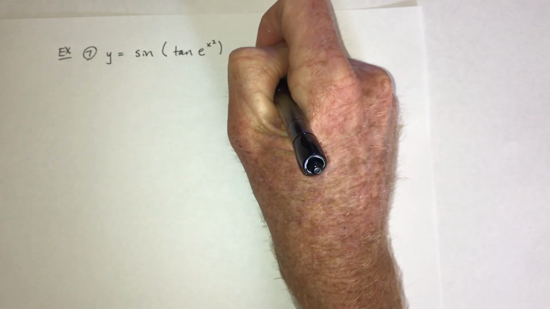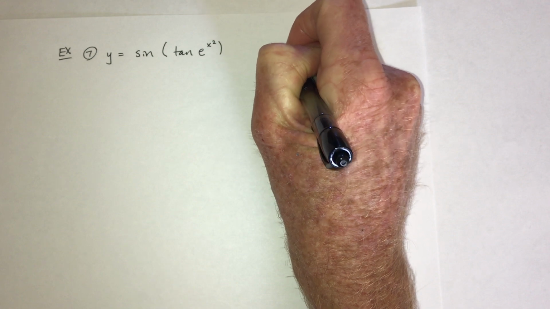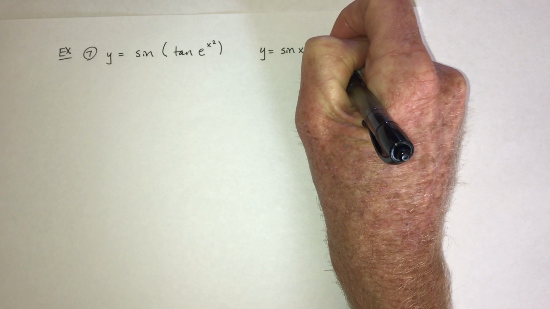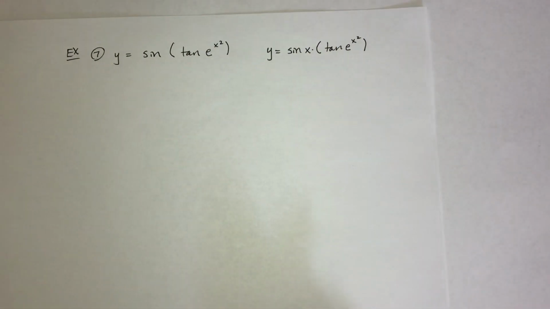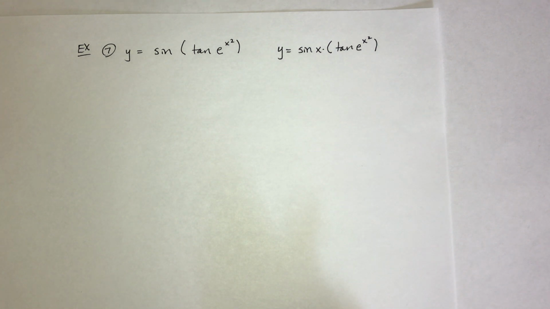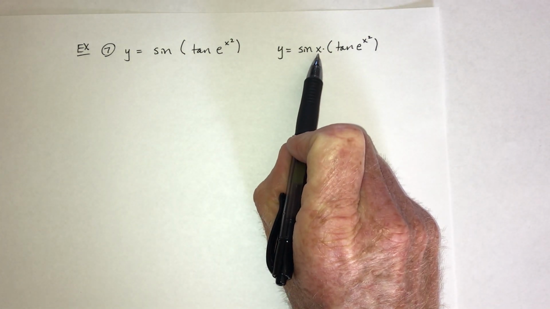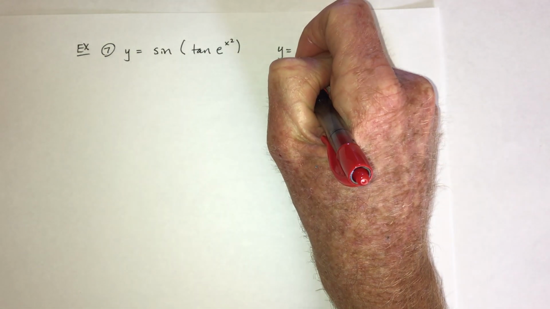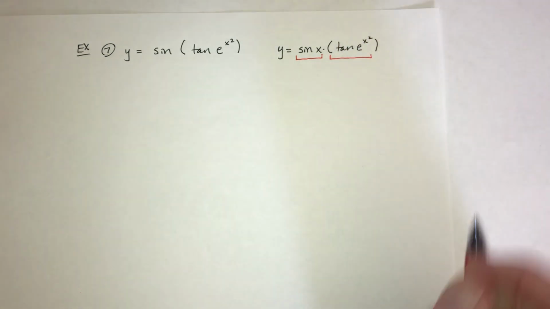And then compare that with y is equal to this. So what's the difference? Yes, you're right. This one has an extra x. So what this means is you have a product of the sine x function and this tangent function.